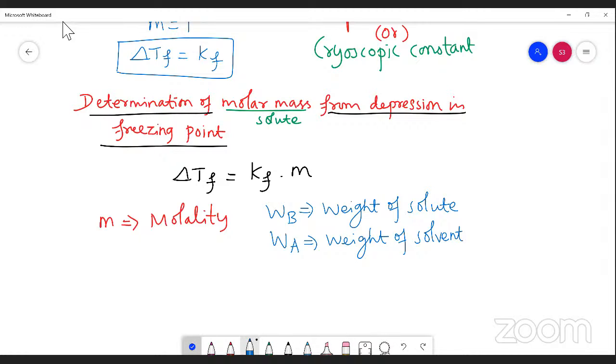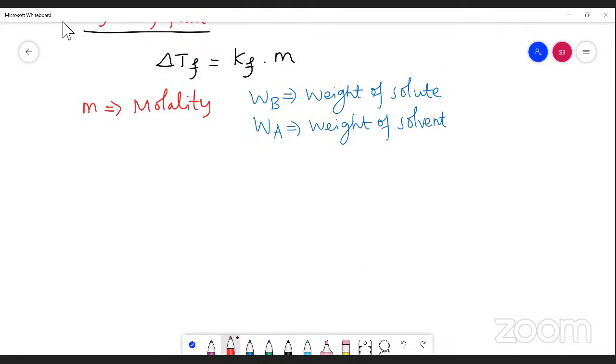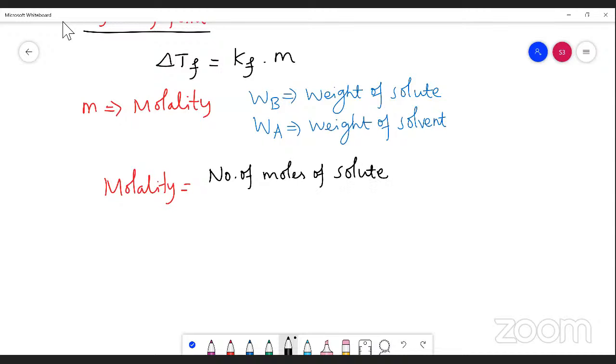We know that molality is a concentration term. Molality is nothing but the number of moles of solute into 1000 divided by the weight of solvent in grams. The 1000 is for the conversion. We know that here M is the molality. So M is the number of moles of a solute multiplied by 1000 divided by the weight of the solvent in grams.